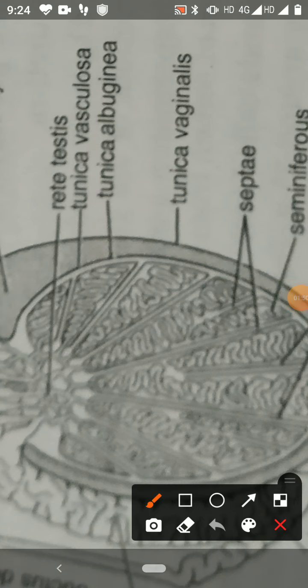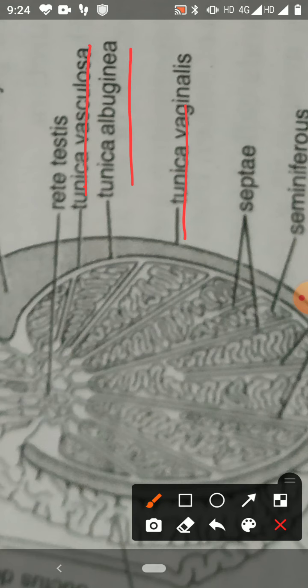This outermost covering is tunica vaginalis. The middle covering is tunica albuginea. And the innermost covering is tunica vasculosa.